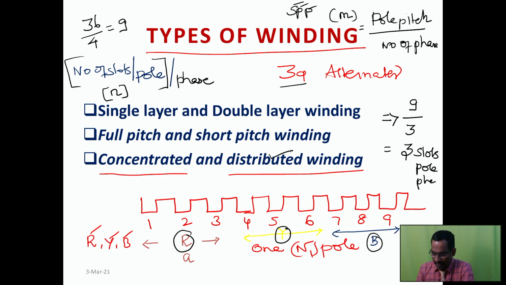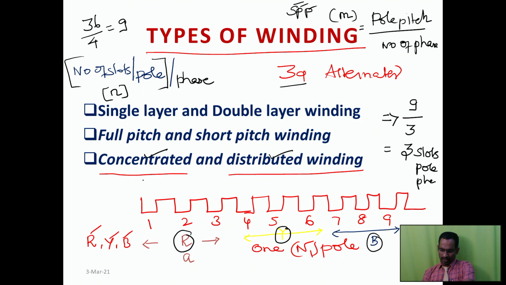If I am placing a conductor at a particular slot, then it is called concentrated winding. If I am keeping the conductors in a particular slot, then I get an induced EMF. If I am placing conductors in all slots, it is distributed winding. Here also I can generate the induced EMF.